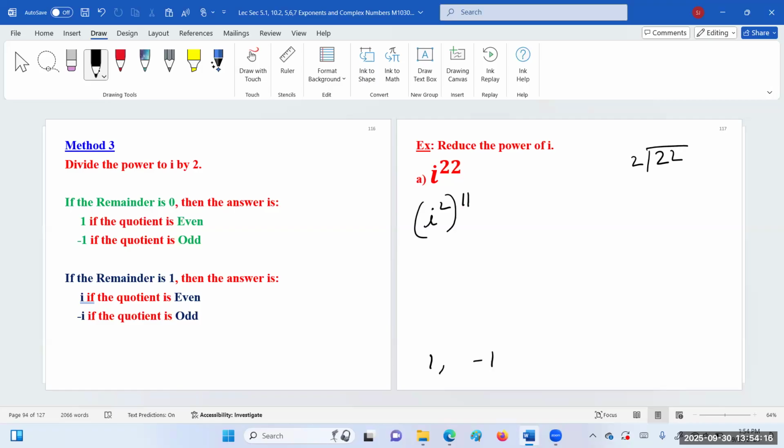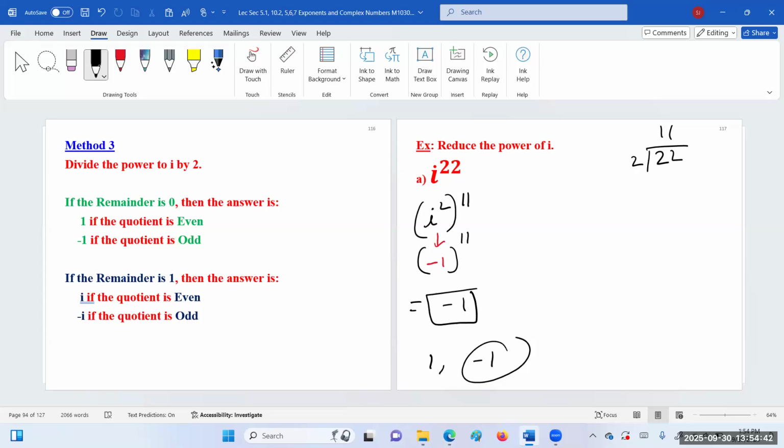So you get 11. But why do you care about i squared? Because basically we are looking for how many -1 we have here. How many, odd or even? Odd. So what is -1 to the odd power? -1.